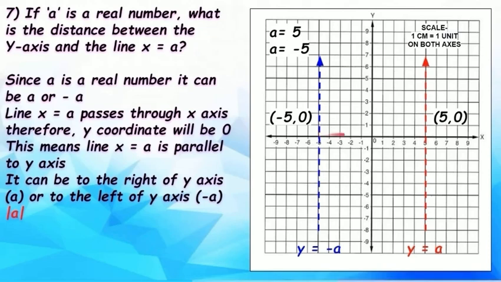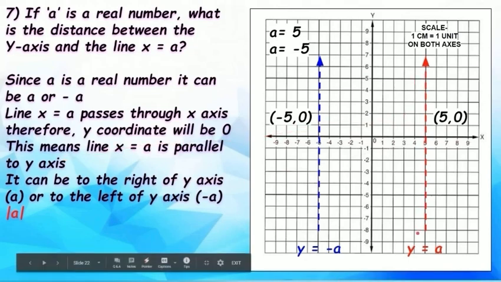Therefore, the coordinate of this point will be (5, 0) and the coordinate of this point on the x-axis will be (-5, 0). So our y coordinates will be 0 here since these 2 points lie on the x-axis, which also means the line x equals a is parallel to the y-axis.